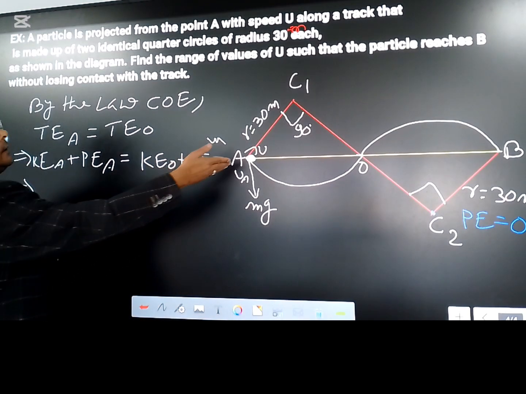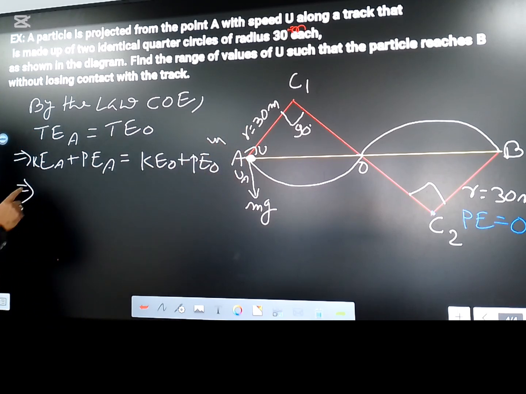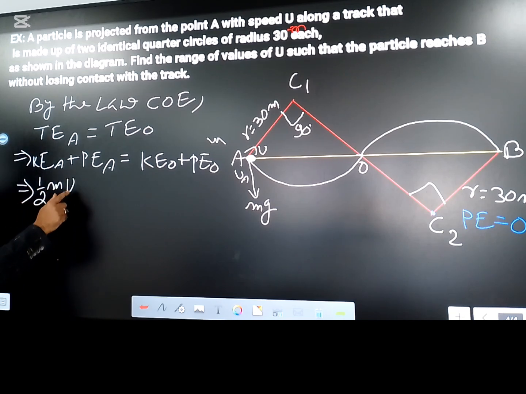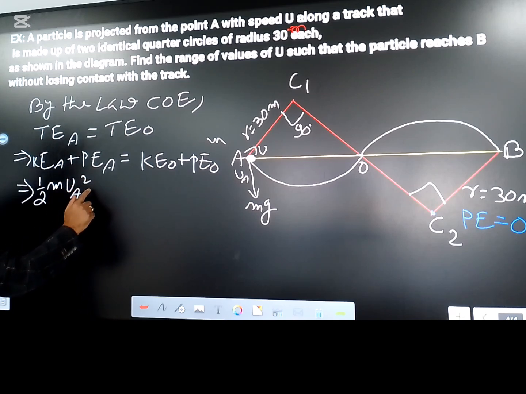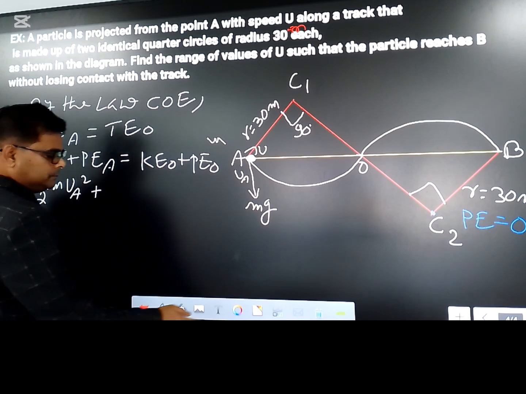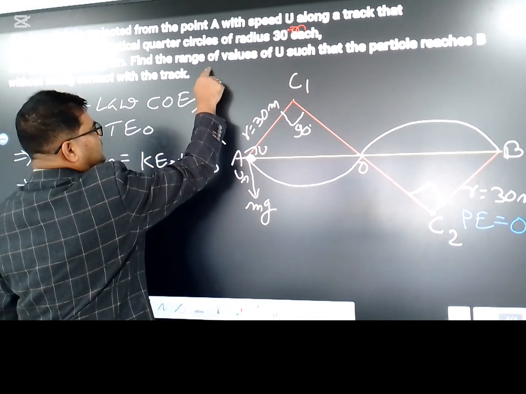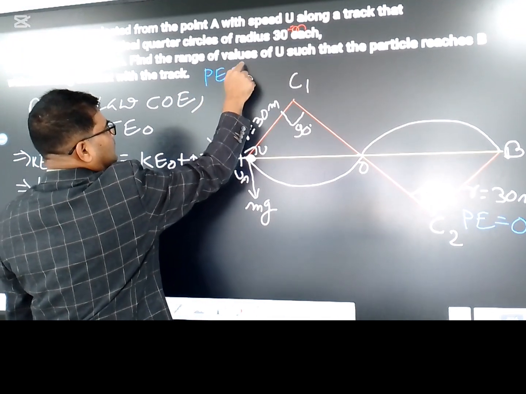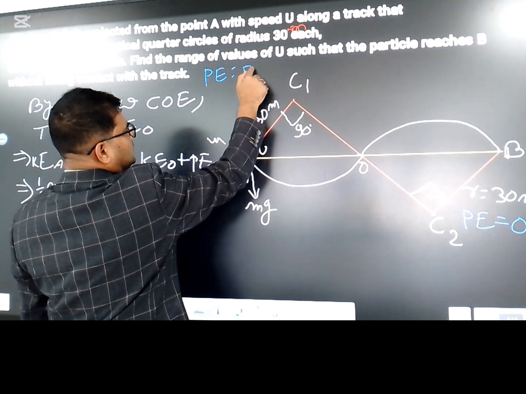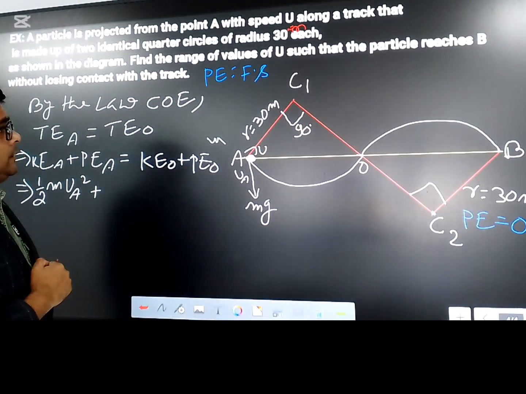So as the velocity at A, that is at the initial point, is UA, the kinetic energy will be half times the mass of the body, UA square. And now potential energy is, in fact, the work done, that is the force times the displacement.